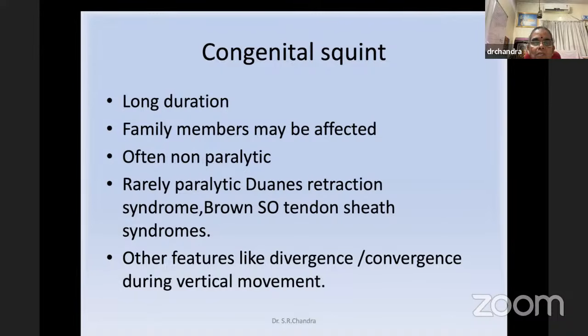So these are the points: long duration, family members showing squint, non-paralytic generally, and during various eye movement testing, you find pathological convergence or divergence indicating a developmental linking of the nuclei in a pathological way by birth.